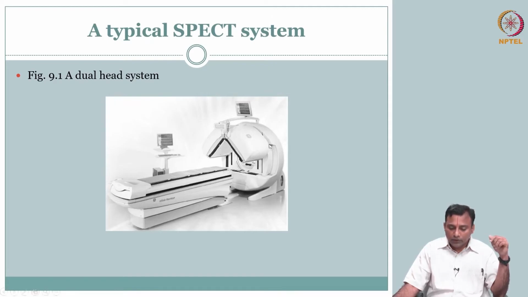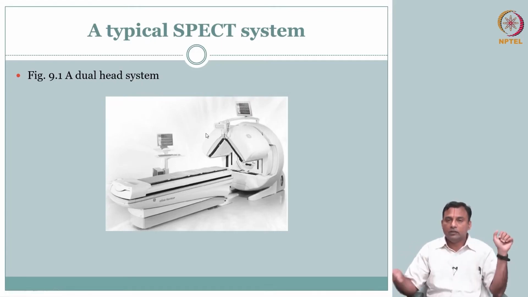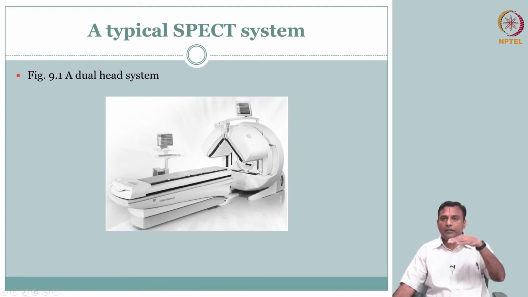Here, what do you notice? This is a dual head system. This is one camera, this is another camera, and it has some angle. Of course, this is flexible, you can make them 180 degrees. This is attached to this arm and this can move around. So, you have a patient lying here, and you can move around.